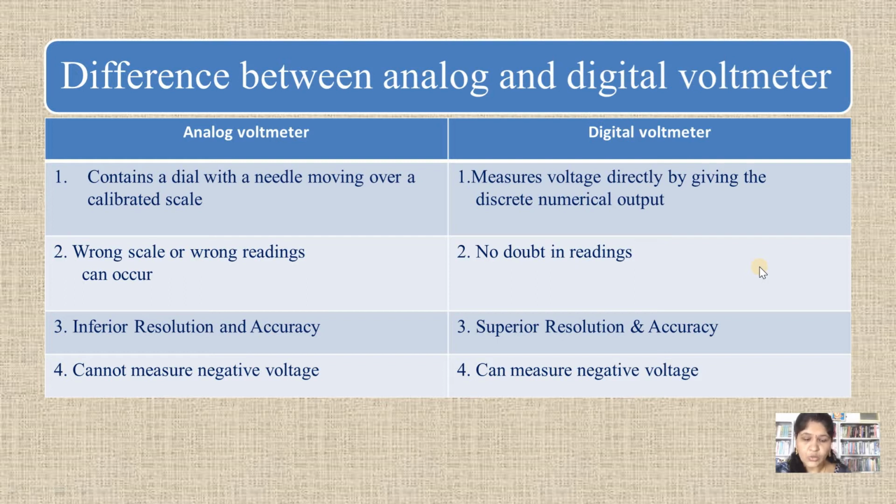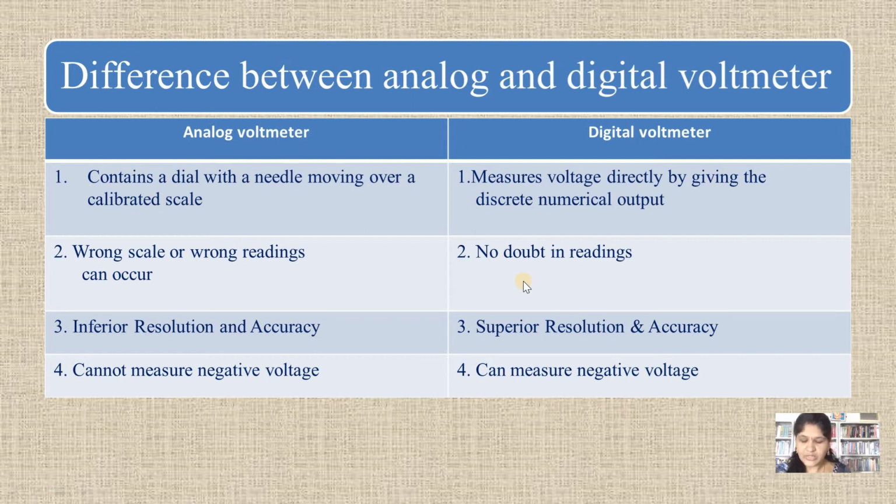In the analog voltmeter the observer has to see where exactly the pointer coincides with the divisions on the scale, so the scale may be misread. In the digital voltmeter there is no doubt in taking the readings because we get a direct numerical value of the voltage.